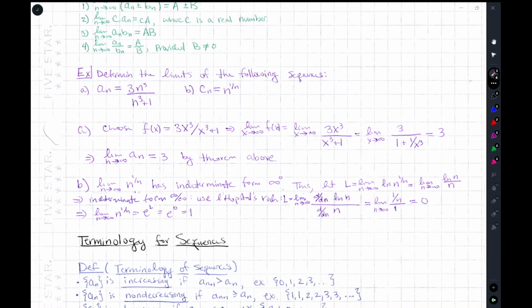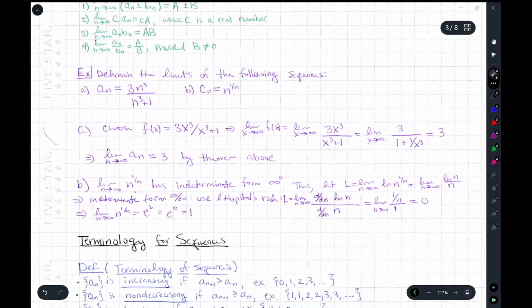And so let's take a look at a concrete example. So determine the limits of the following sequences, okay? So we have these sequences. For (a), we're going to choose f(x) equal to 3x cubed over x cubed plus 1. And at any positive integer, 1, 2, 3, 4, 5, whatever, this function will give us the terms.